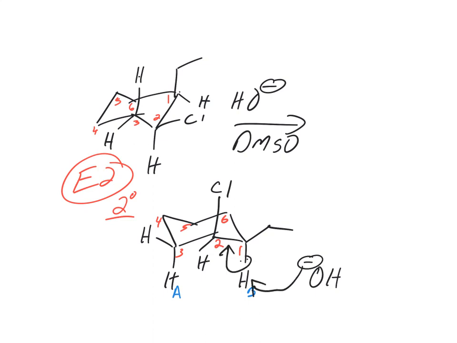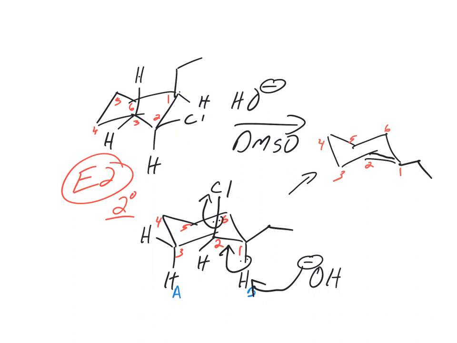E2 mechanism. Double bond there. No wedges and hatches ever with pi bonds. You've never seen me draw a wedge and a hatch with a pi bond. Don't do it.